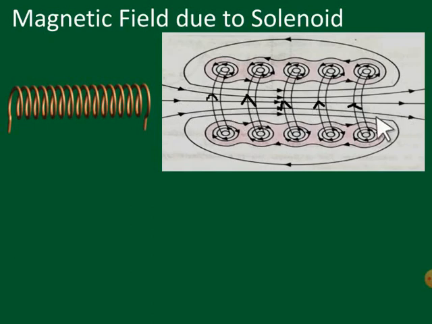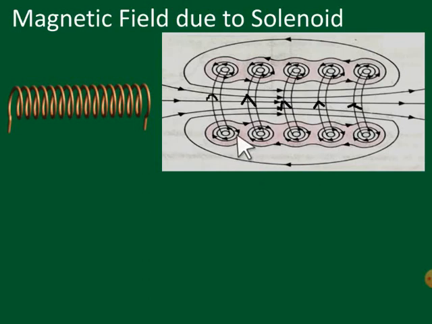Got it? If you take the concentric circles as we have done in the case of an infinitely long current carrying conductor, likewise here also the concentric circles are all over this current carrying conductor. So for this conductor also, there will be concentric circles of magnetic lines of force like this.